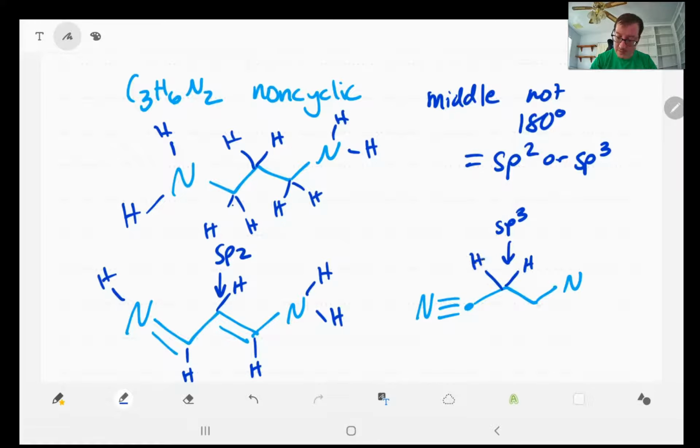If we draw in our hydrogens, we're going to see we indeed have 6 here. So either one of these could work. And it's equivalent if you put the triple bond to nitrogen on the other side, or if you switch stuff around here. We just have to have two double bonds or a triple bond in this molecule. And we just have to make sure that that middle carbon is either sp2 or sp3 hybridized. So we're looking at either it's got a double bond or single bonds only.